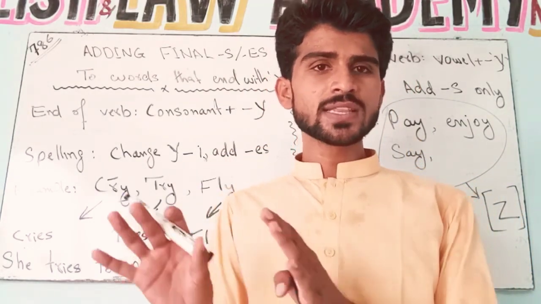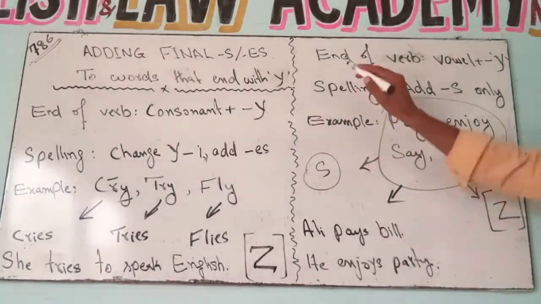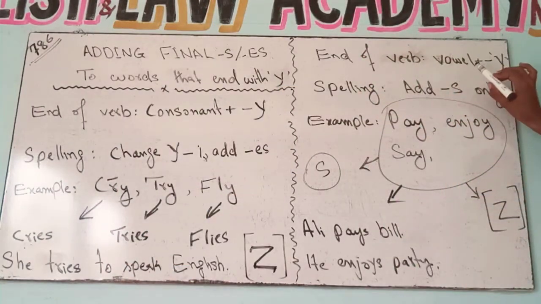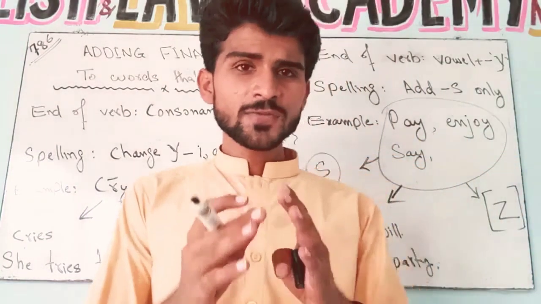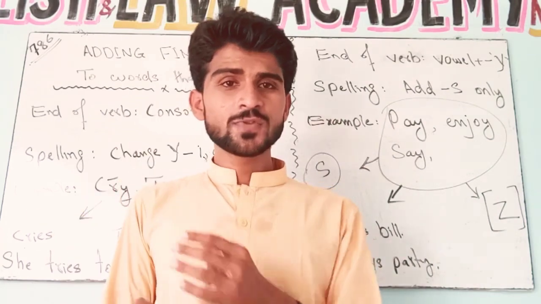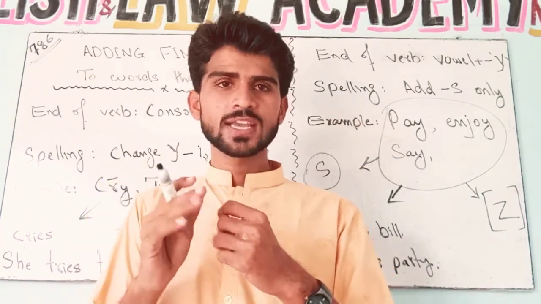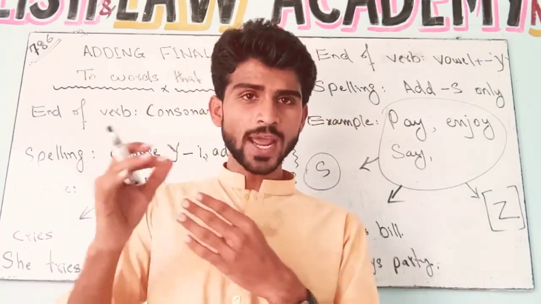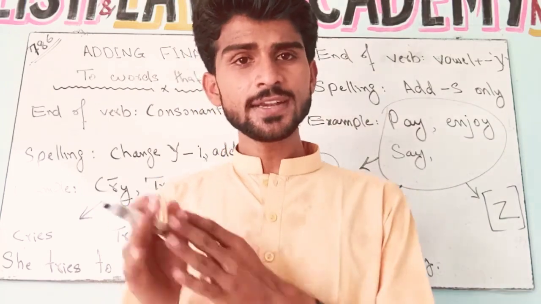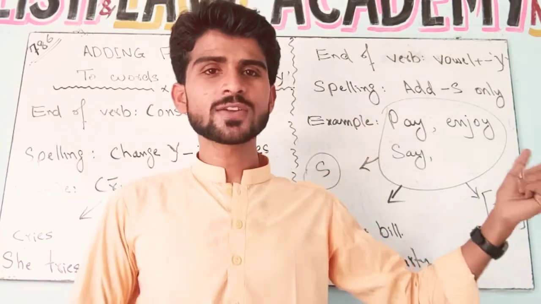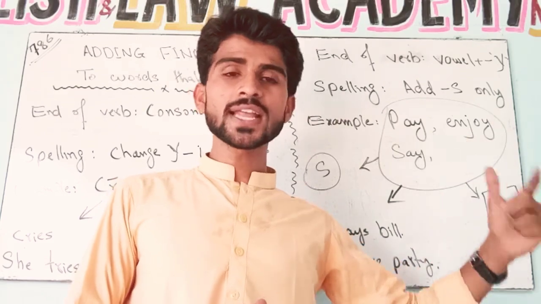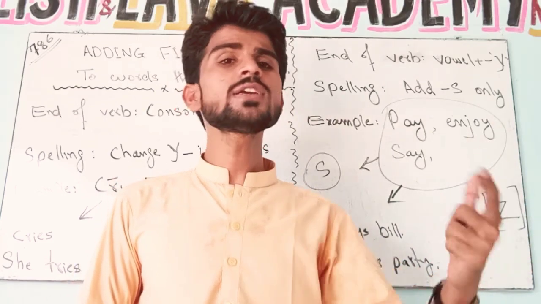What actually is the next rule? The next rule is when the end of the verb is a vowel plus Y. In the first rule we discussed the verb ending with a consonant and Y, but here the verb ends with a vowel and Y. Now what do we have to do?